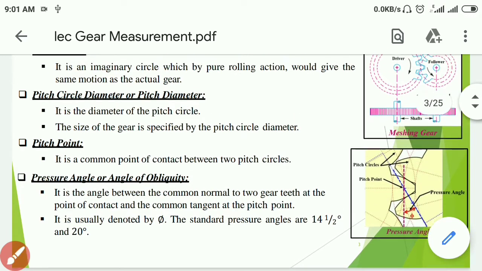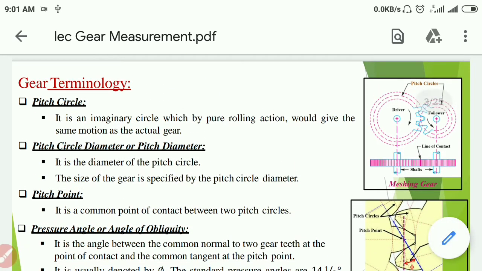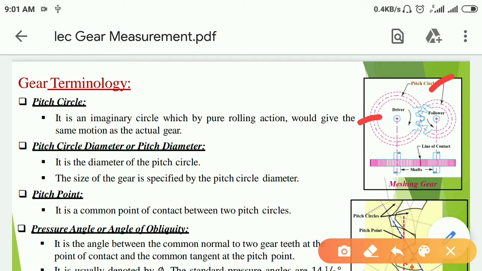As shown in figure, pitch circle. Here this is the driven shaft which is connected with the engine shaft and which is rotating the follower. The pitch circle here is the indication, here it will touch.